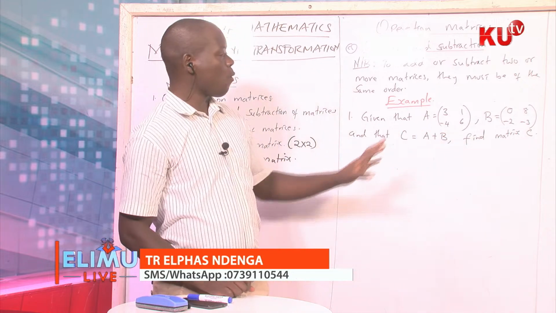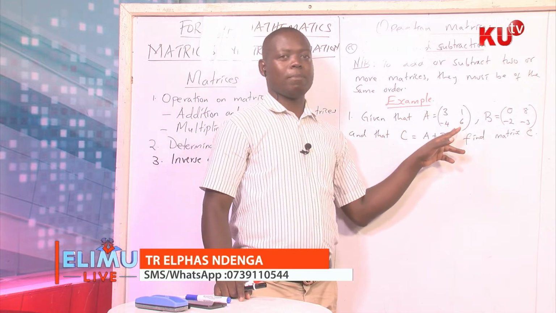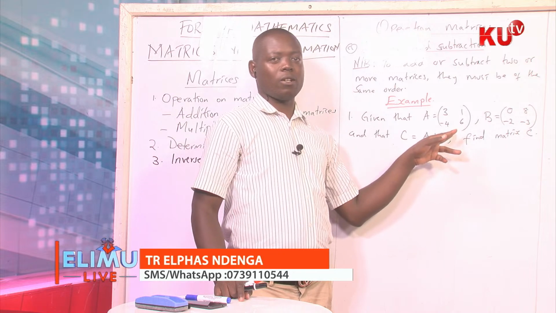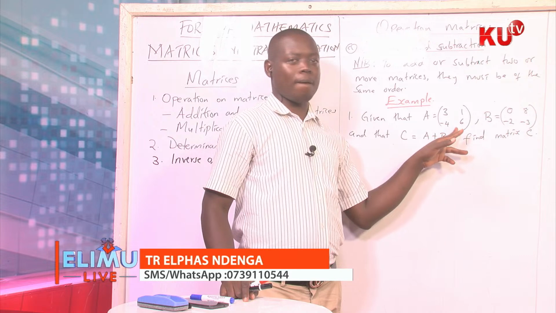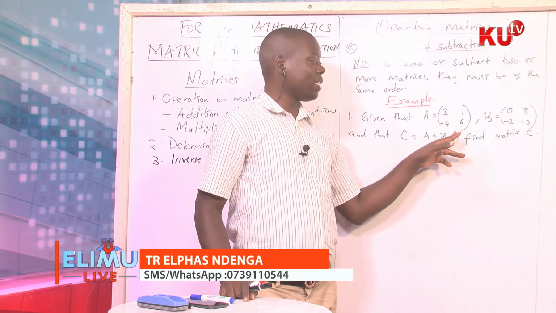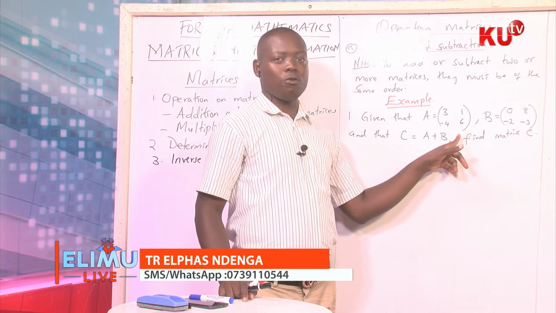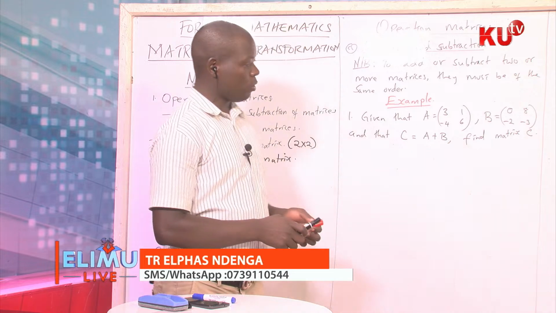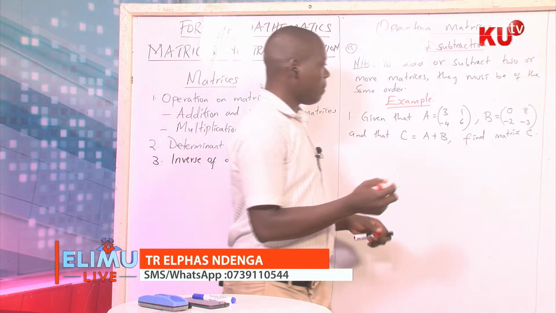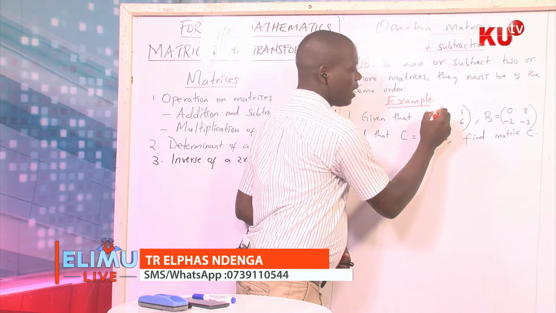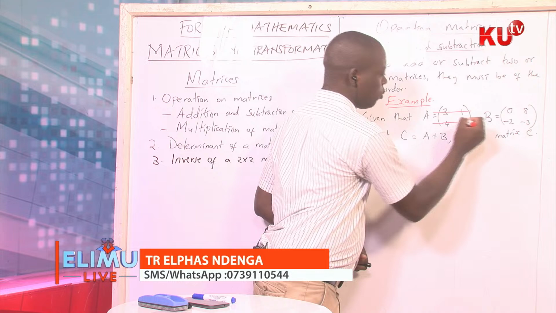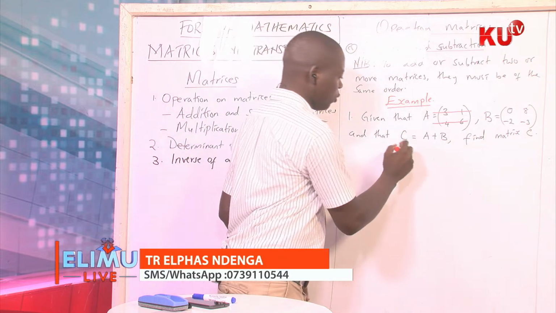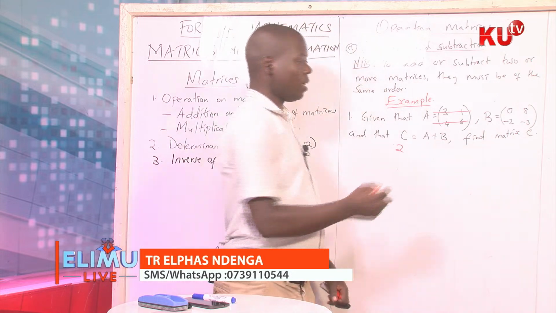First thing, which order is matrix A, students? Yes, it is a matrix of order 2 by 2. To those who do not remember what it means, this matrix has how many rows? 1, 2. It has 2 rows. How many columns, students?